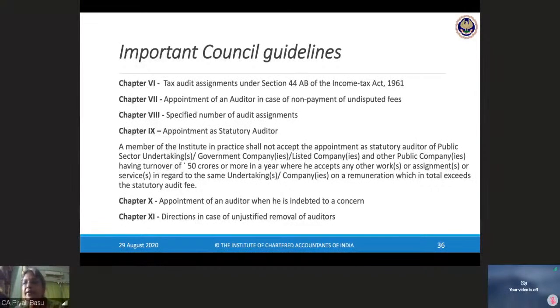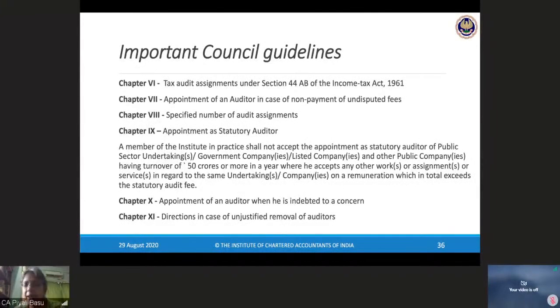It is not mandatory that a partner can only sign those 60 audits. One partner can sign all the 600. Okay, it's possible. Collectively, the partnership firm can have 600 audits. So the maximum limit here is 600 tax assignments.